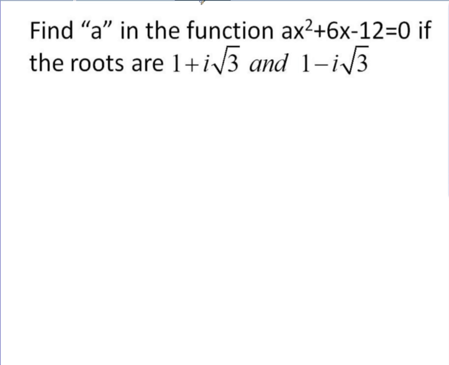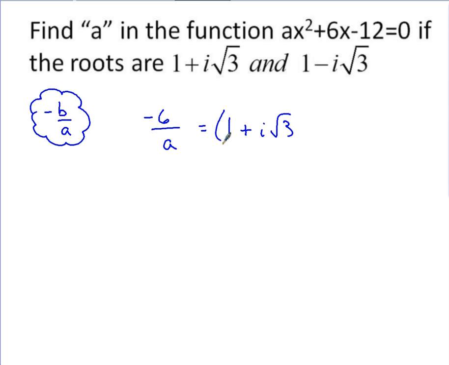With the sum of the roots, I'm looking at negative b over a. So my negative b over a in this case, b is 6, so negative 6 over a, which I'm trying to find. That produces the sum of the roots, so take my two roots, add them together, one complex number plus the other. For our convenience on this problem, some nice things happen.